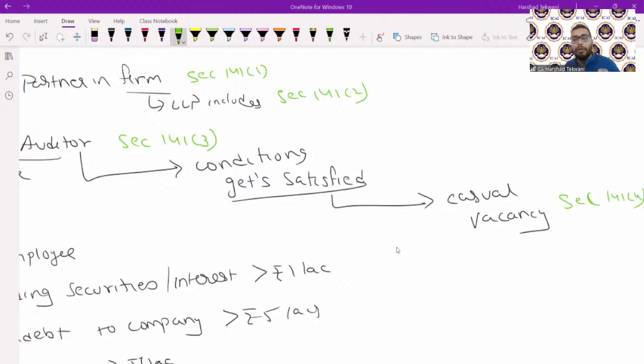They talk about how many company audits or tax audits at max a CA in practice can take up. I hope it's clear. Any doubt, guys?